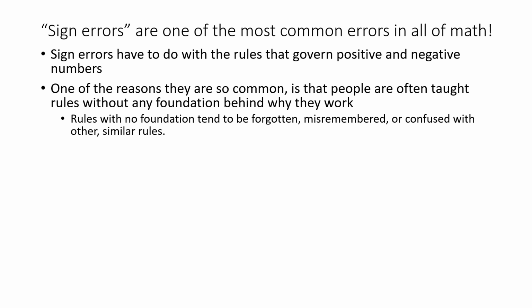Rules with no foundation tend to be forgotten, misremembered, or confused with other similar rules, which absolutely happens with our signed numbers, because you'll have a set of rules for adding signed numbers, a set of rules for subtracting signed numbers, a set of rules for multiplying signed numbers. And if you don't have any foundation for why those rules are what they are or why they work the way they do, then you will end up confusing one with the other and making all kinds of sign errors in your math work.